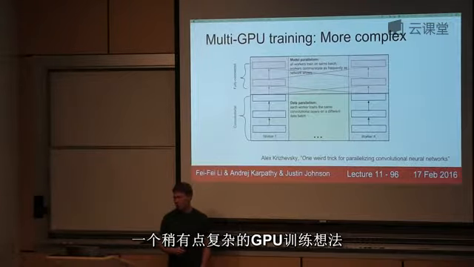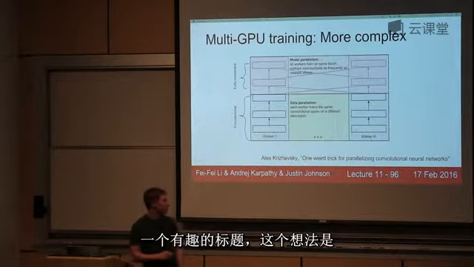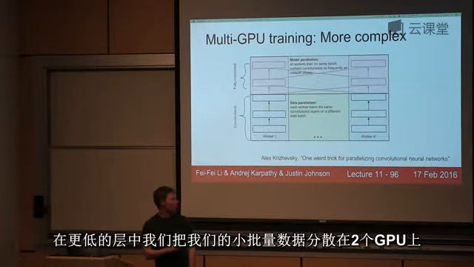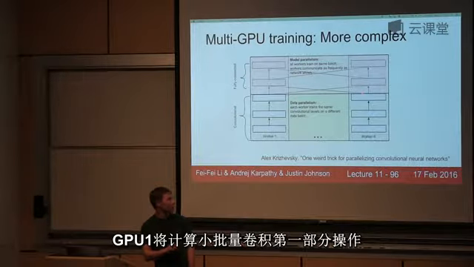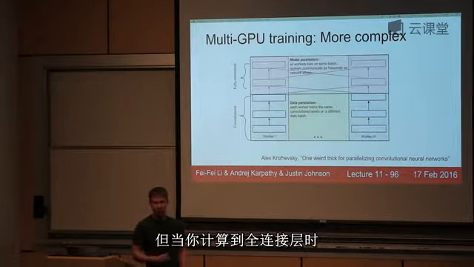A slightly more complex idea for multi-GPU training actually comes from Alex Krizhevsky of AlexNet fame. That's kind of a funny title. But the idea is that we want to do data parallelism on the lower layers. So on the lower layers, we'll take our image mini batch, split it up across 2 GPUs, and GPU 1 will compute the convolutions for the first part of the mini batch, so the convolution part will be distributed equally across the GPUs.